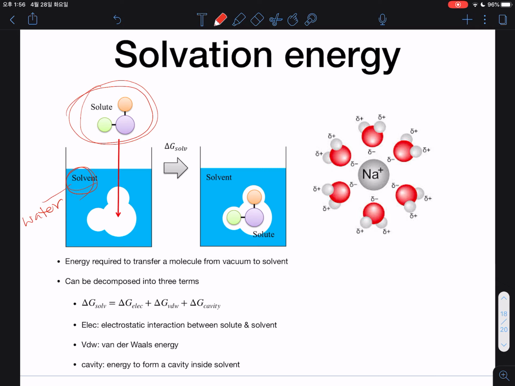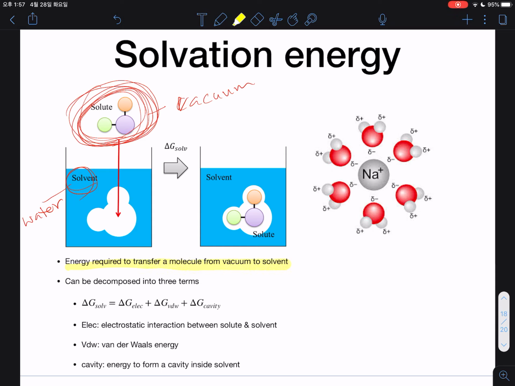But if we think about the physics, the solute itself is in vacuum, and then it should be solvated. This energy is the solvation free energy. In other words, you can think of it as the energy required to transfer a molecule from vacuum to solvent.